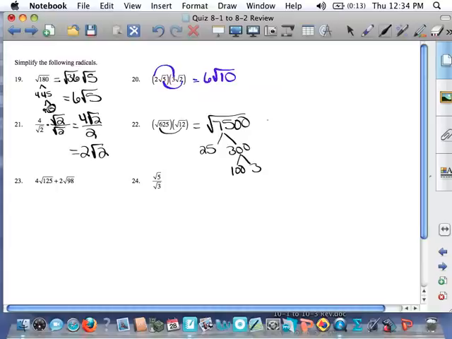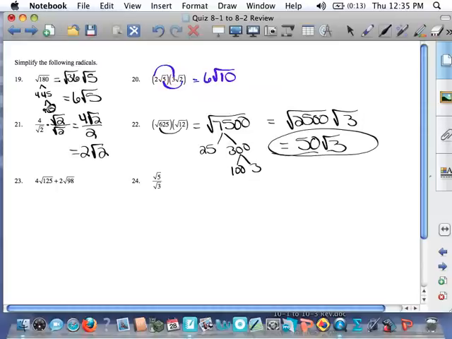So again, I'm going to go back to that original 7,500 and divide by 3. That means I'm going to have 2,500 times the square root of 3. Take the square root of 2,500 and you will get 50. So the answer is 50 square root of 3 in simplest radical form.